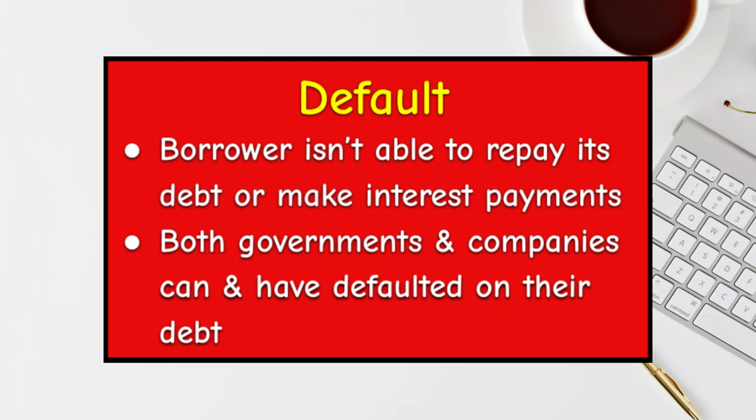Both governments and companies can and have defaulted on their debt in the past. There are a variety of types of debt securities, including bonds, bills, notes, etc. What they are called isn't all that important, other than for identification purposes. Debt securities will almost always have a maturity date when the principal amount borrowed must be repaid by.